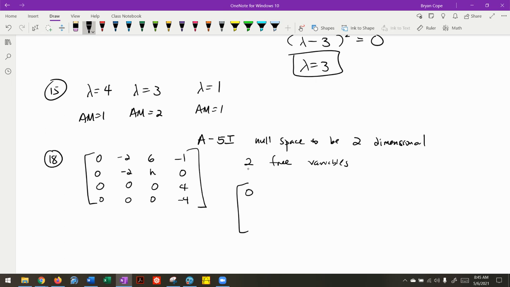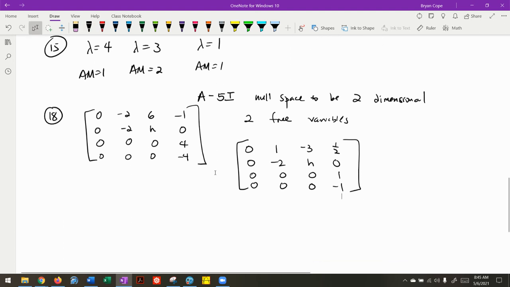All right, so we'll go 0, 1, -3, 1/2. I think I'll leave this row alone for now. Simplify this row down to that, and this row down to that. Okay.